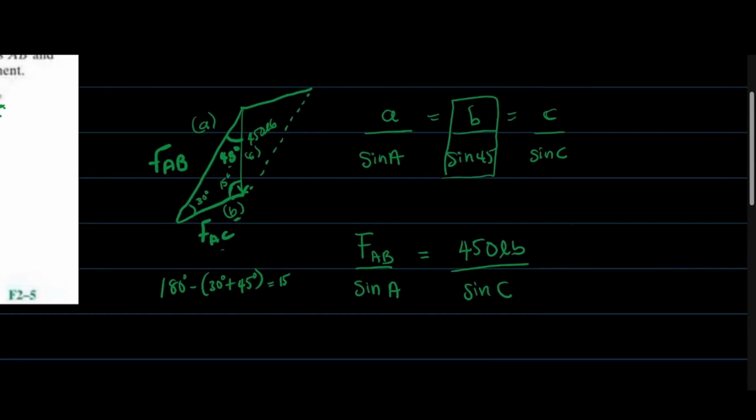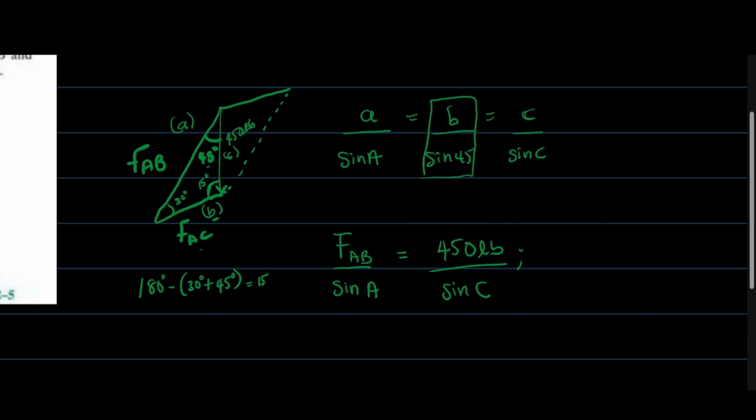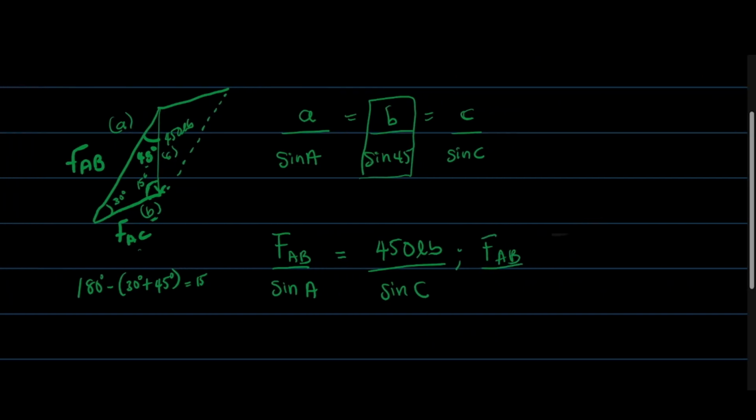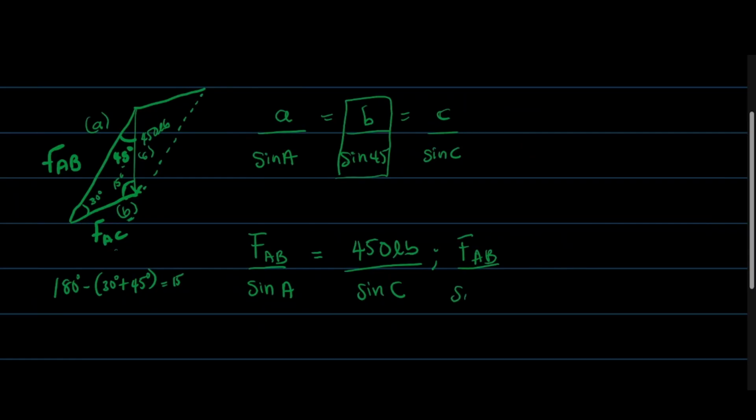So we're simply going to substitute our values here. We have that FAB over sine A, sine A is now sine 15, equals 450 pounds over sine 30.